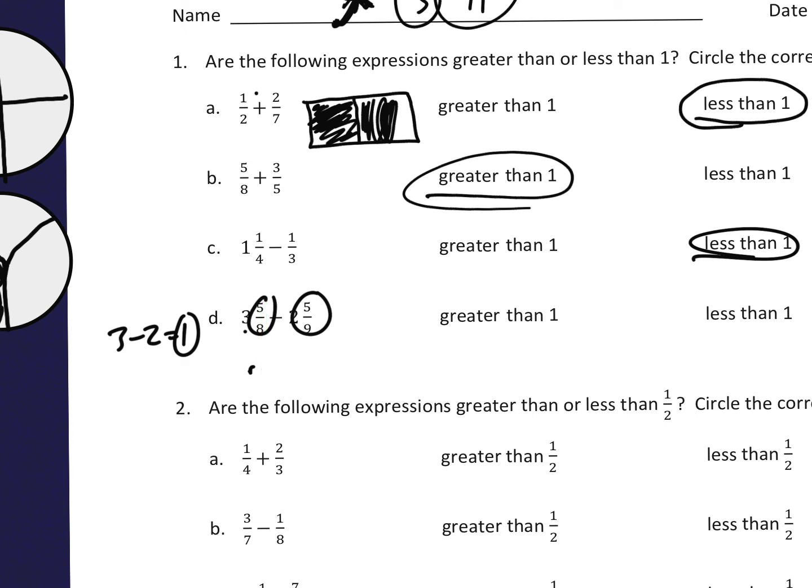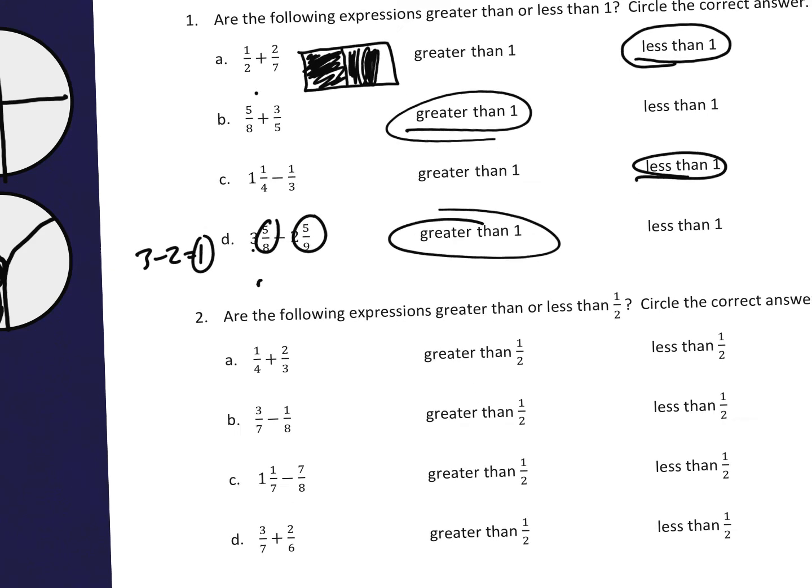And since I have the same amount of slices from each one, I can know that whatever is the bigger slice of pizza is going to be the bigger number. So I know that 5 slices of 8 equal pieces is going to be bigger than 5 slices of 9 equal pieces. So this number is bigger, which means this is not going to be more, which means that my answer is going to be greater than 1.